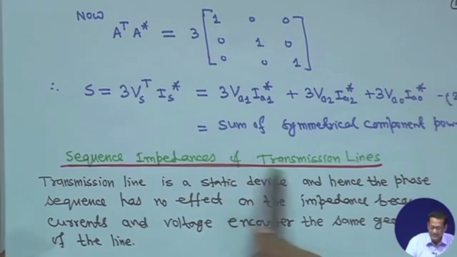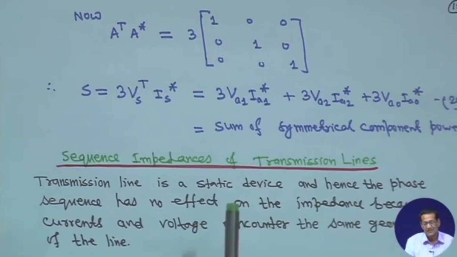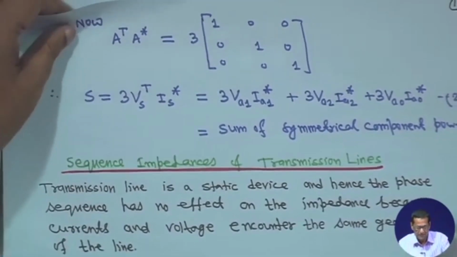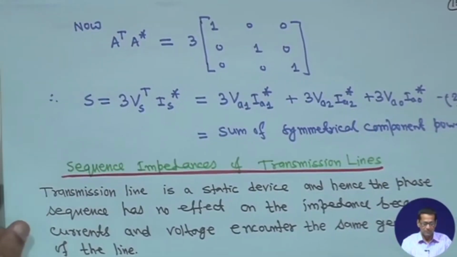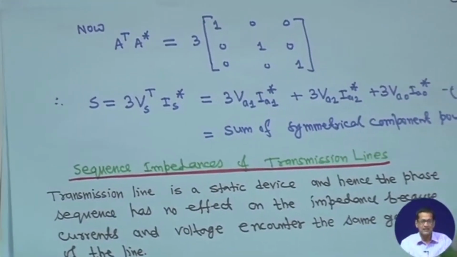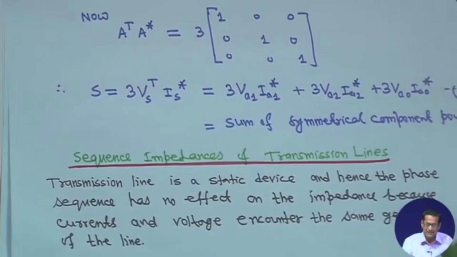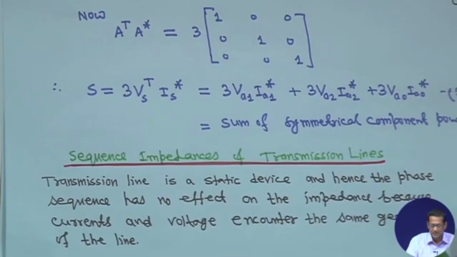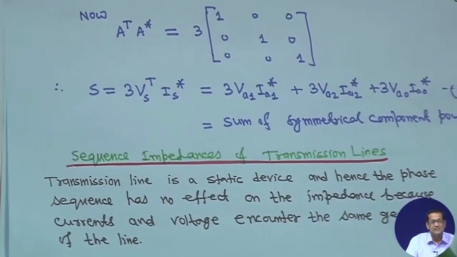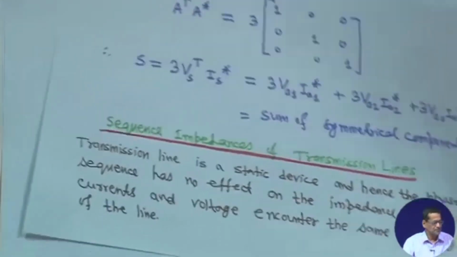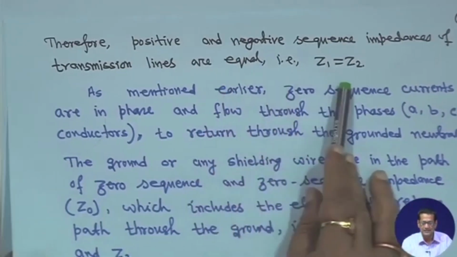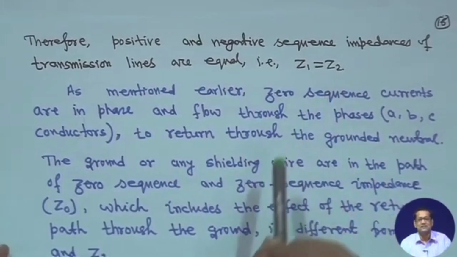The transmission line is a static device and hence the phase sequence has no effect on the impedance, because currents and voltage encounter the same geometry of the line. Therefore, positive and negative sequence impedances of transmission lines are equal, that is Z1 is equal to Z2.